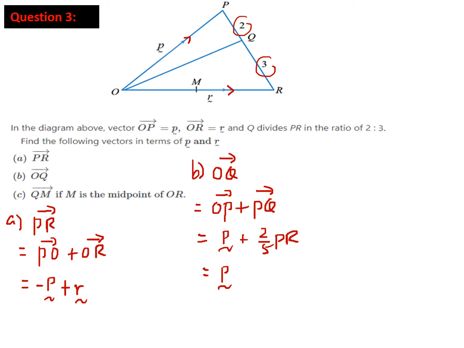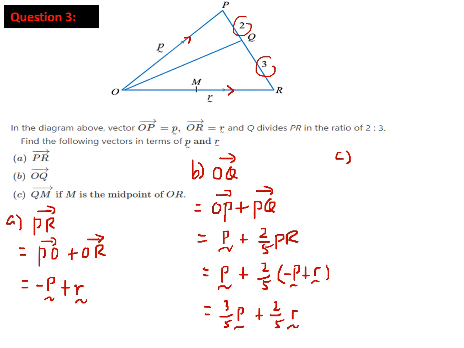Then vector P plus 2 over 5 of negative vector P plus vector R. At last, we get vector OQ equal to 3 over 5 vector P plus 2 over 5 vector R.